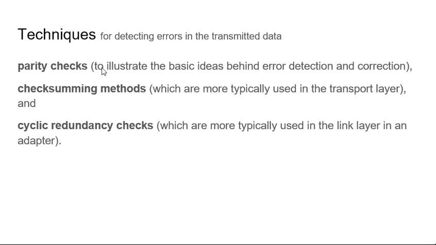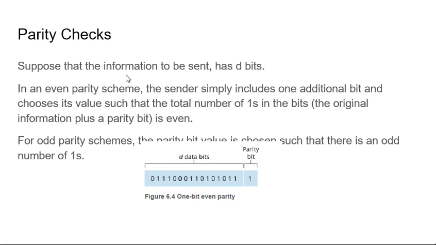Now first is Parity, which we have discussed in the last class as well. To make this even parity, there are nine ones. We want to make it even parity, so we will add just one more one over here, to make 10 ones. Now sender and receiver both know that the data is even parity. Now the sender sends this.